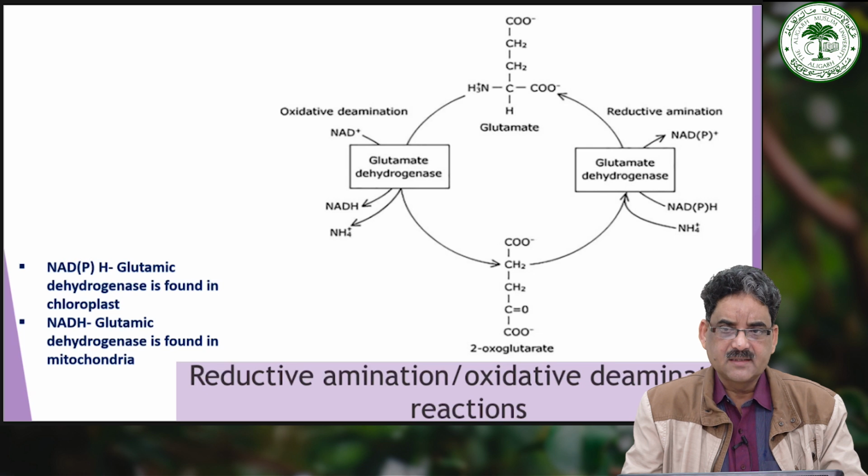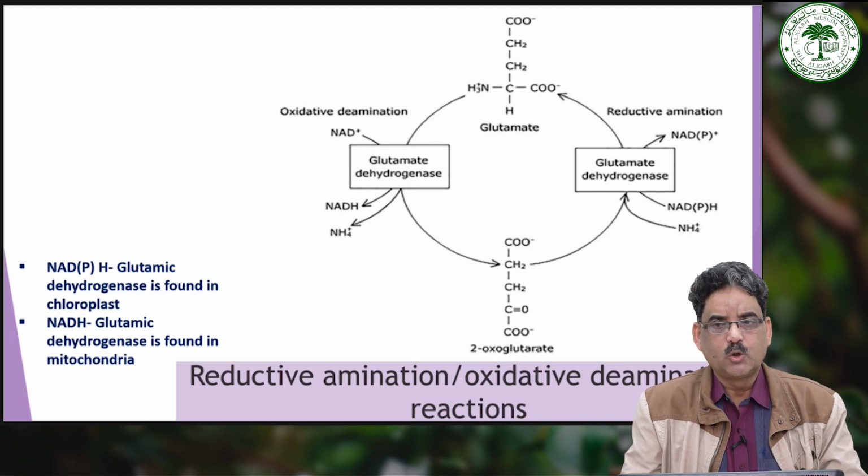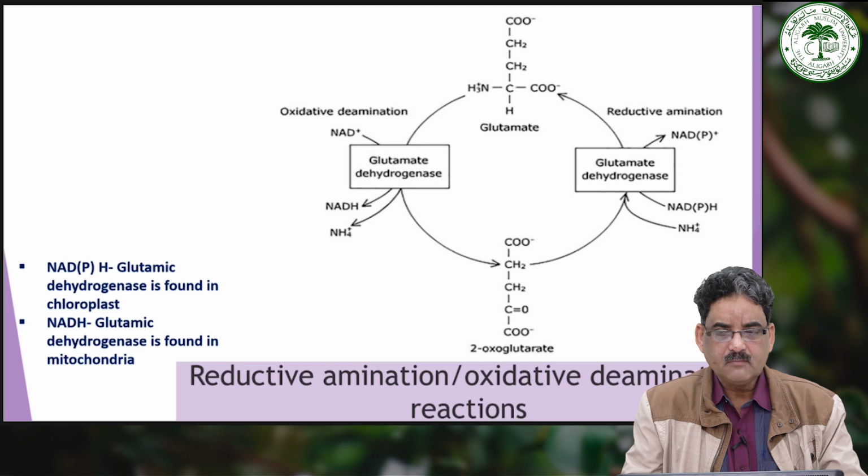In this context, the reducing agent, that is NADH or NADPH, donates electrons to the reaction, facilitating the conversion of ammonia and a ketone or aldehyde into an amine with the concomitant formation of NAD plus or NADP plus.